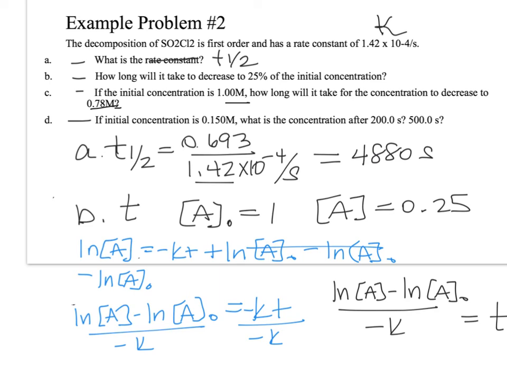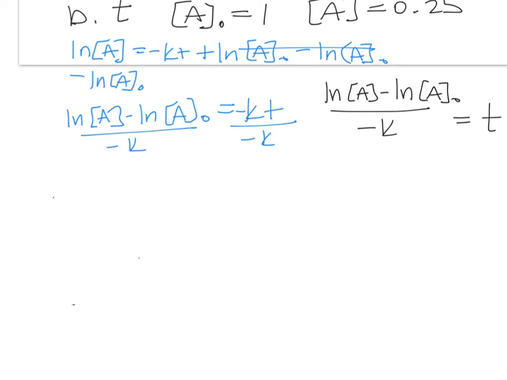And so the form of the problem is exactly the same as the one I did down below. So I'll go ahead and scoot down below again. And we're going to use this formula over here in black: ln A minus ln A sub 0 over negative k is equal to t.